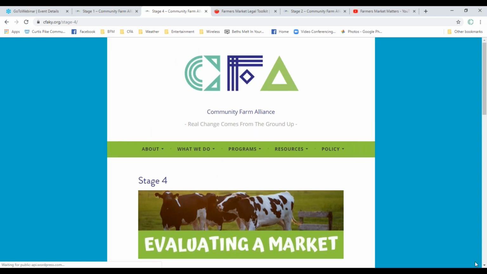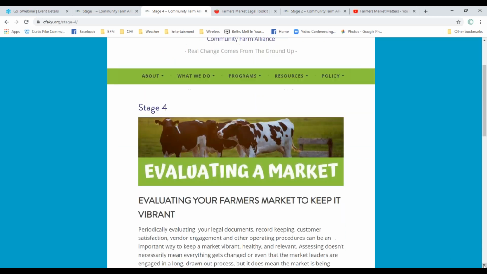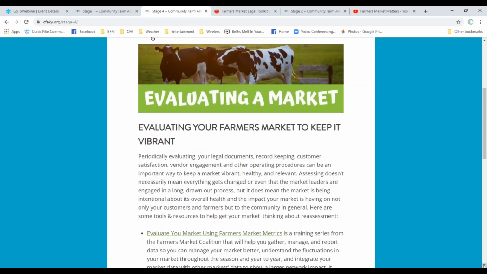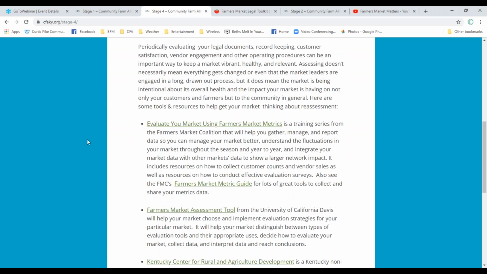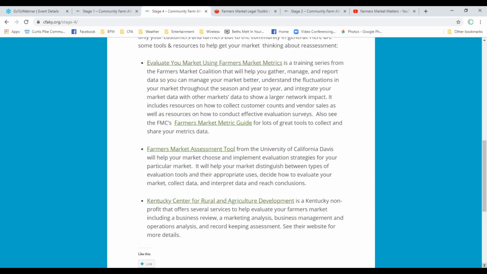This is one thing that often gets missed, and this is the time to start thinking about doing an evaluation of your market. There is a toolkit here, how to use your farmers market metrics and farmers market assessment tool. I really encourage you to take a look at it so you can see where your strengths and weaknesses are.